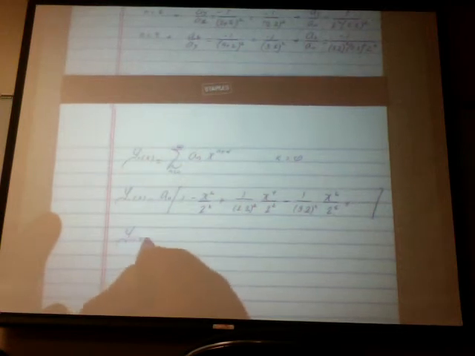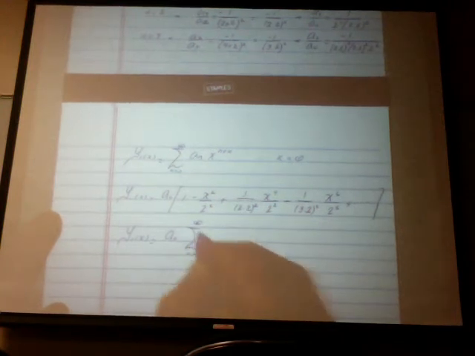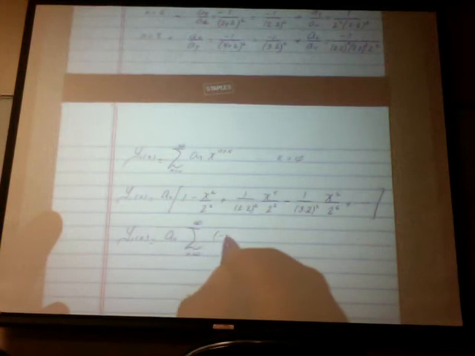So at the end, y1 of x is some integration constant times the sum from n equals 0 to infinity of minus 1 to the power of n. That switches the sign. See, when n is even, you get a plus.